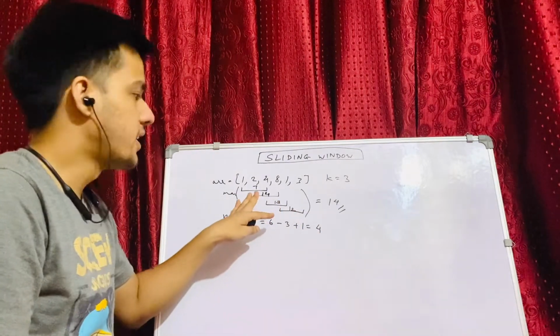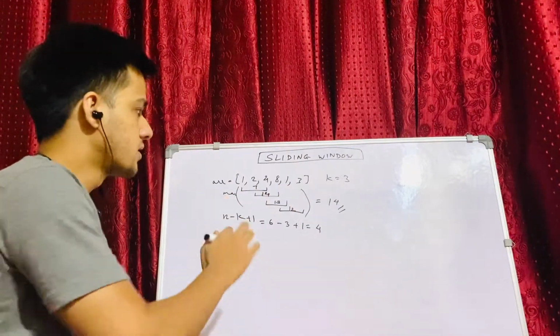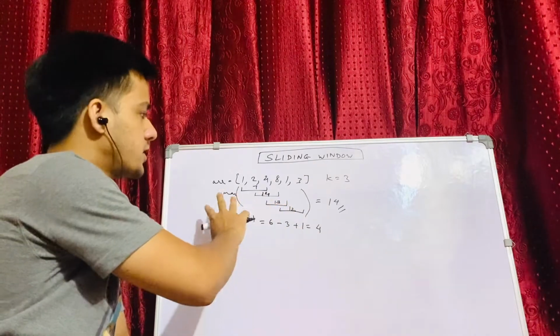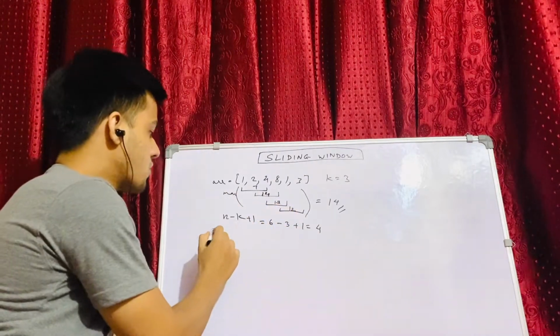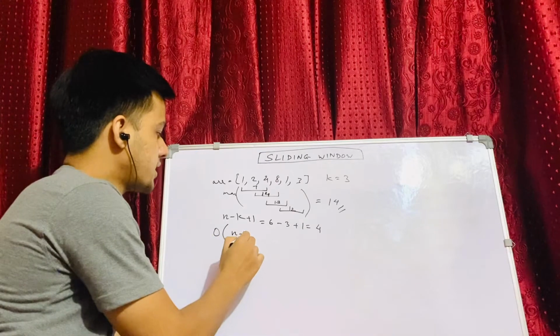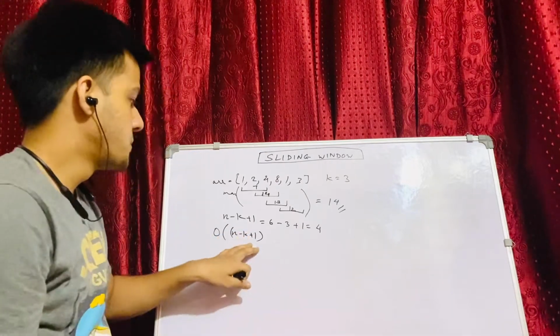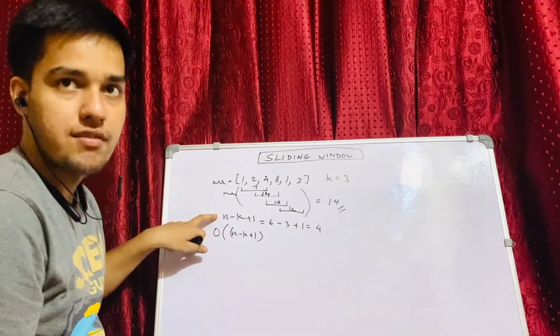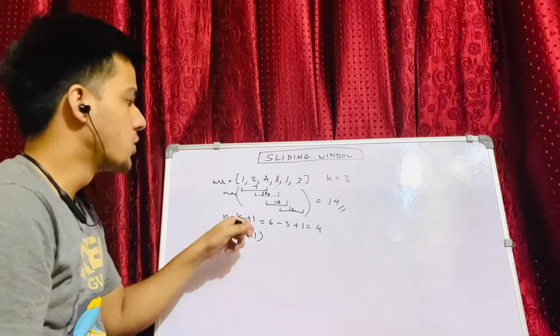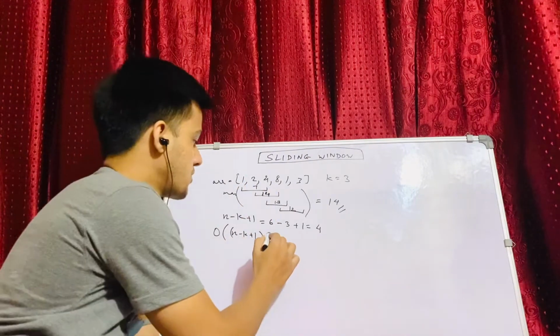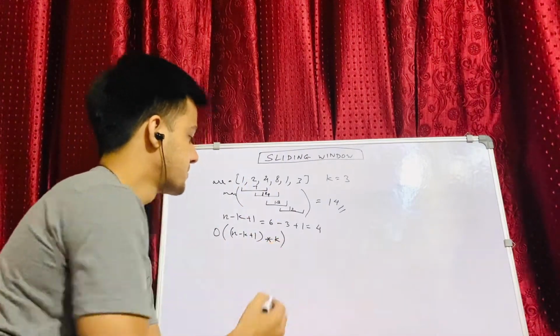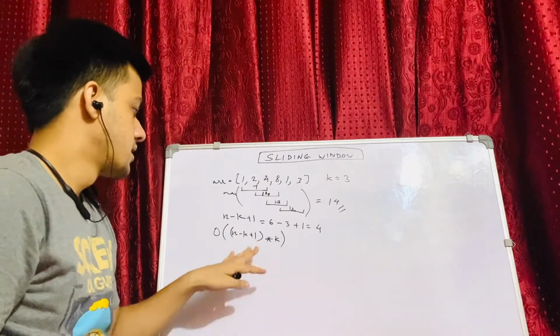So we had 4 subarrays when we calculated. When we iterate through each and every subarray, the total complexity for this naive approach would be O of (n minus k plus 1), which is the number of subarrays, and for each subarray I am going to take the next k elements, so it would be times k, right?